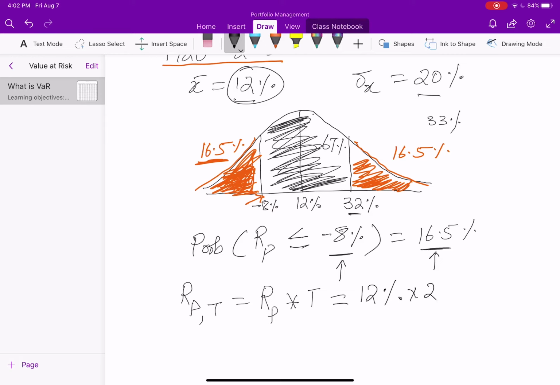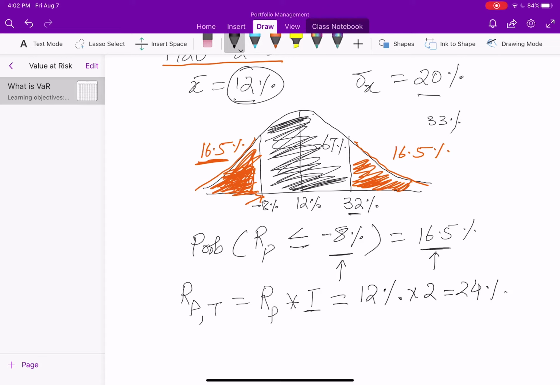If we want to know our minimum expected loss over 3 years, then t will be 3. Or if we want to know our expected loss over the next 6 months, then it will be 6 divided by 12, because it would be a fraction of the year. So 12% multiplied by 2 gives us 24%.